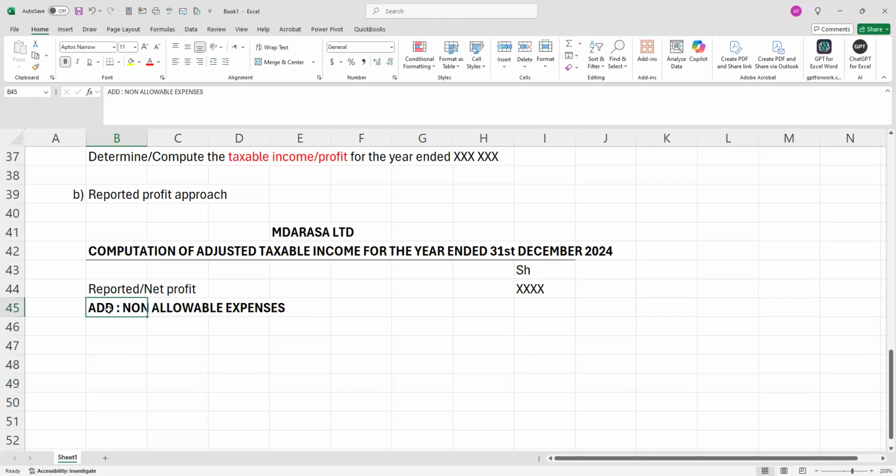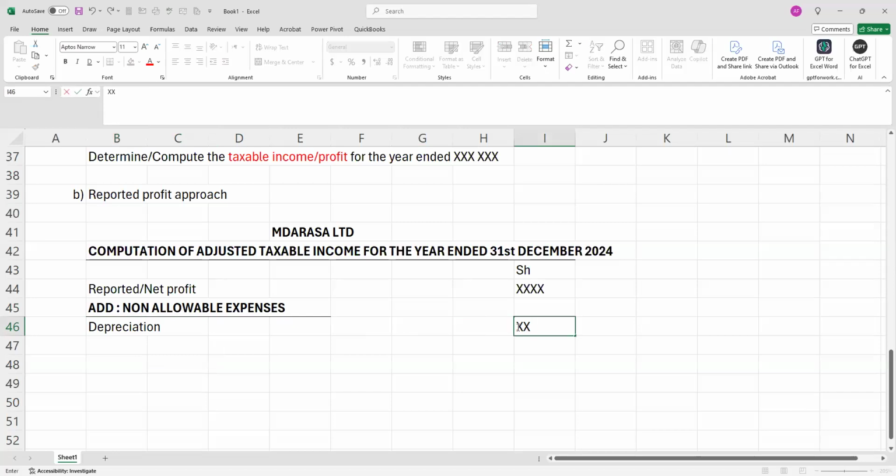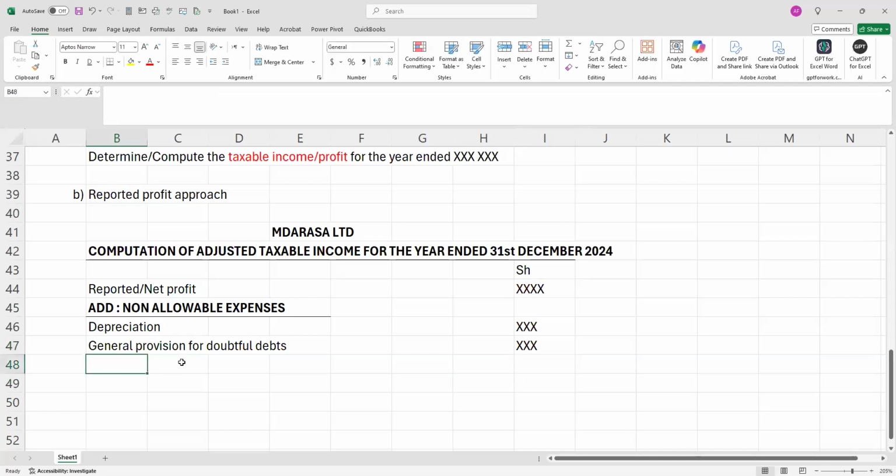These are expenses that were considered in financial accounts, but we don't recognize them in tax, such as depreciation. We don't recognize depreciation in tax. Consider it at that point. We have an item like general provision for doubtful debts. We have purchase of fixed assets.